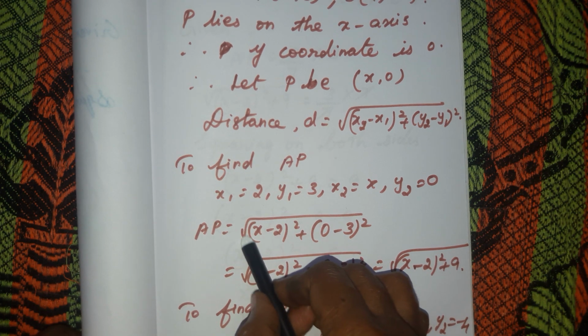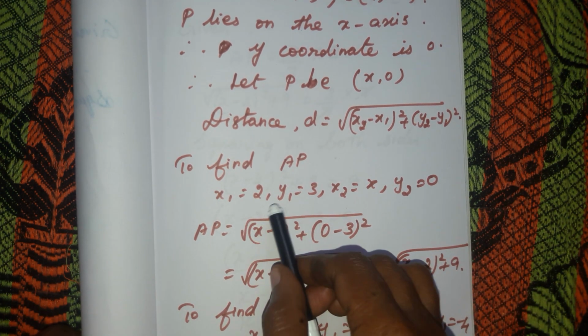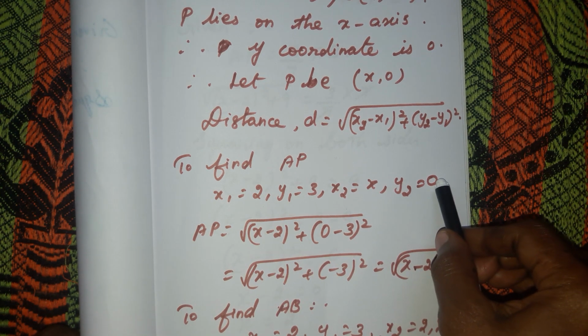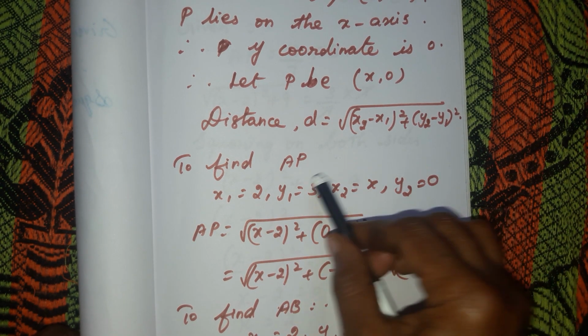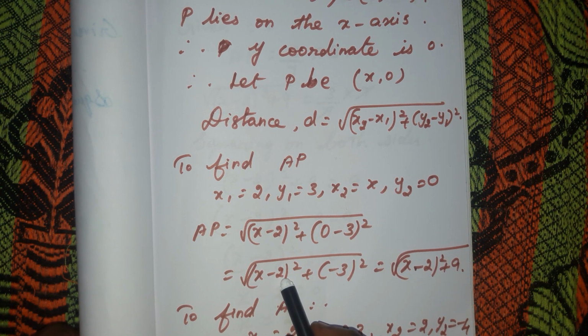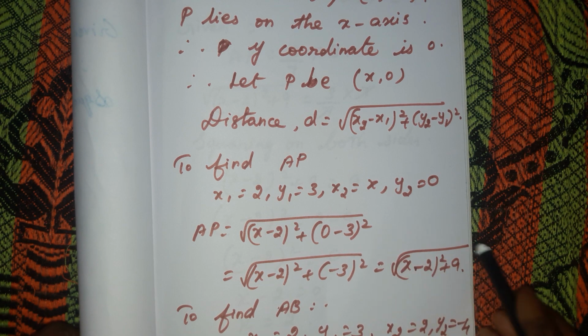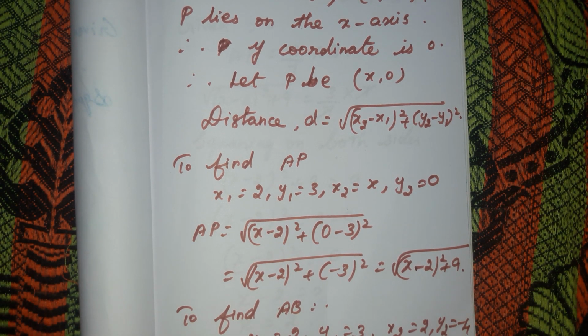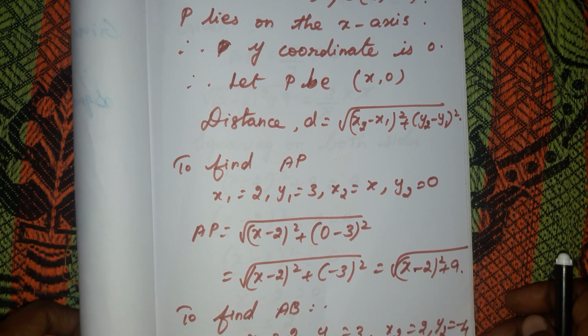Therefore, AP is equal to root of (x minus 2) the whole square plus (0 minus 3) the whole square. It is equal to root of (x minus 2) the whole square plus (minus 3) the whole square, which is plus 9.